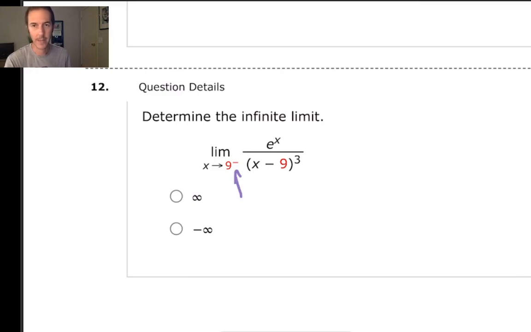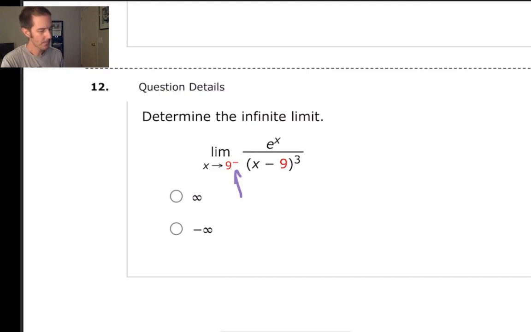That's a little bit left of 9, and you could just plug that x value in, and that would give you a rough idea of the neighborhood that you're going to end up in if you actually got to the point where x equals 9, which you don't want to do because you'll have division by 0.